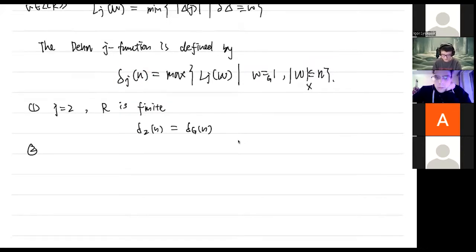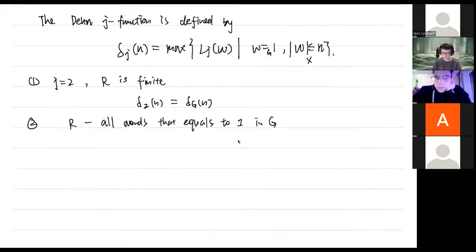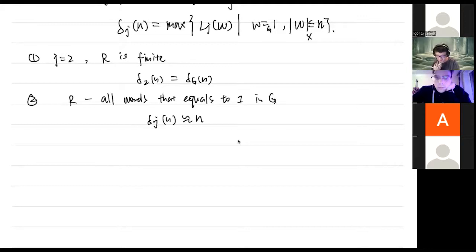For example, you can take R to be all the words that equal 1 in G. Then every J is basically equivalent to N. Actually, the Dehn 2 function is just 1. The Dehn 1 function and Dehn 0 function are basically the length of the word, but they are all equivalent to the linear function.